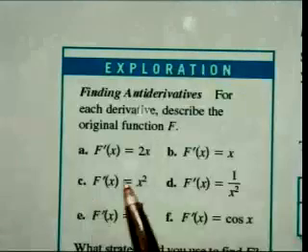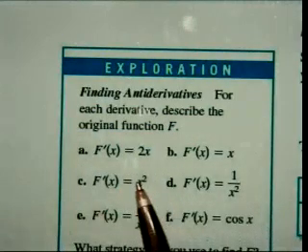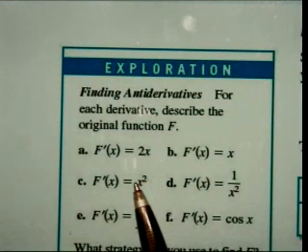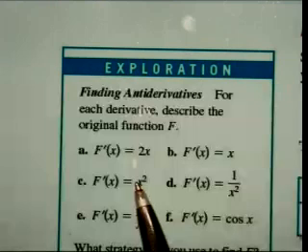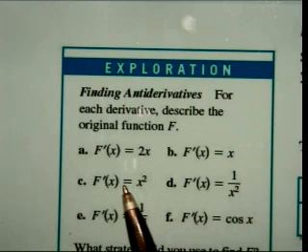Part A, if I give you the derivative 2x, then what would be the function whose derivative is 2x? Just x squared. And if I wanted the whole family of antiderivatives, you'd say x squared plus a constant. And that plus a constant could stand for any constant.